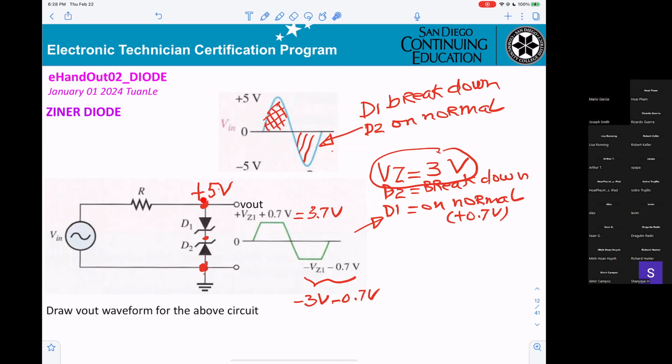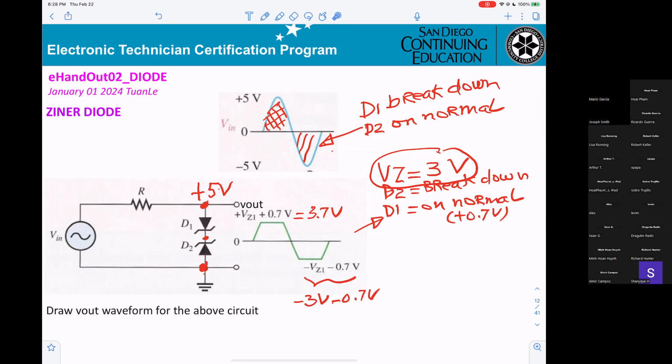Okay, you get 5 volt here. You see that? Yes. Okay. 5 volt here. And this one will be grounded. So these two here, that means the voltage 5 volt here is higher than 3 volt. I suppose VZ equal 3. Then this guy breaks down.